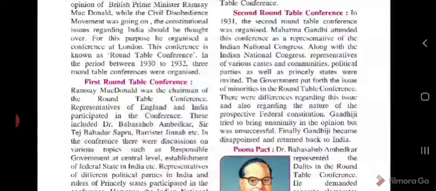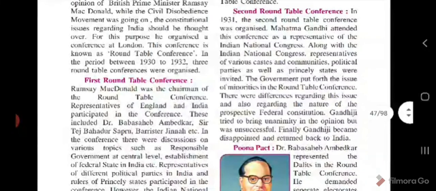The representatives of the other political parties, various castes and communities, and the princely states also participated. Issues of minority representation and federal constitutions were discussed. However, no consensus could be reached. Gandhiji was not successful in bringing unanimity, so he returned to India disappointed.